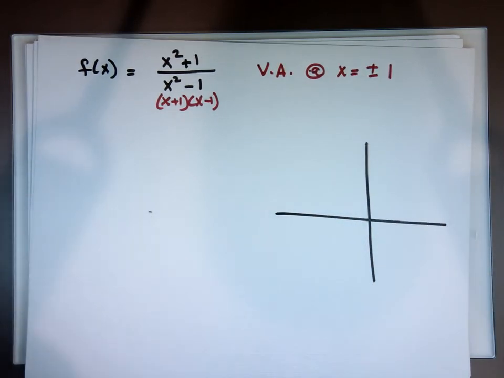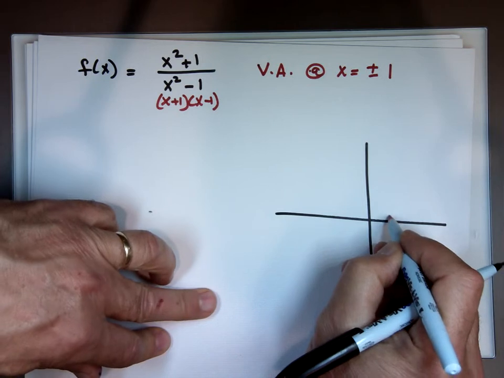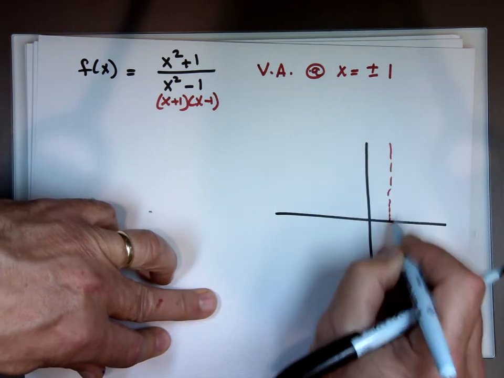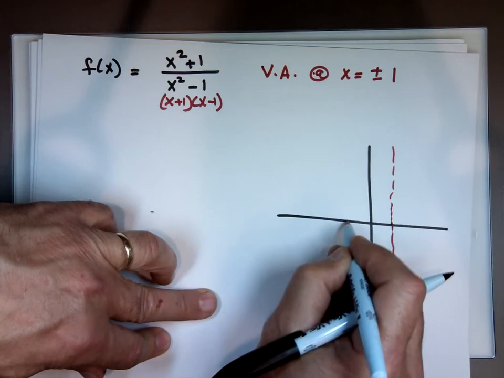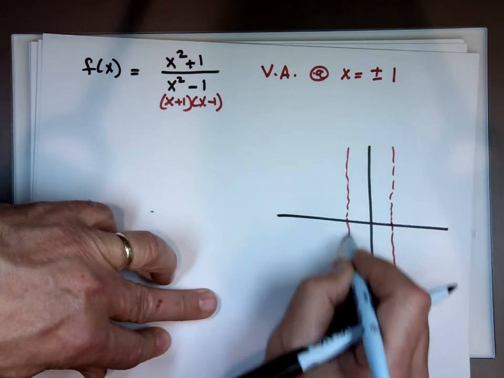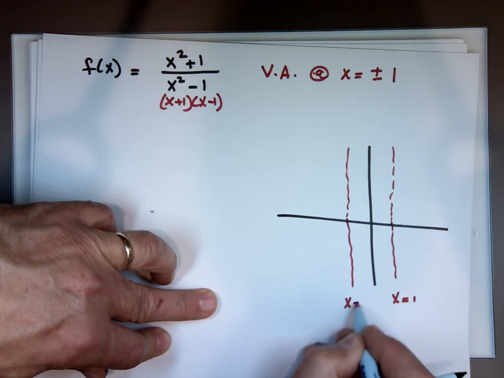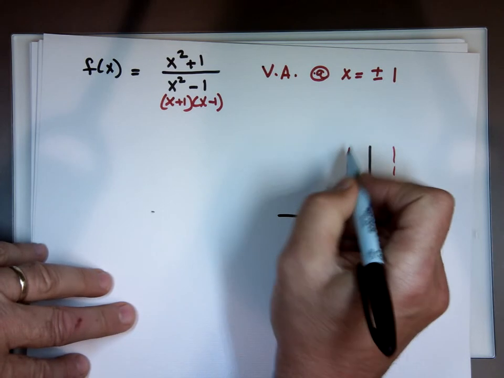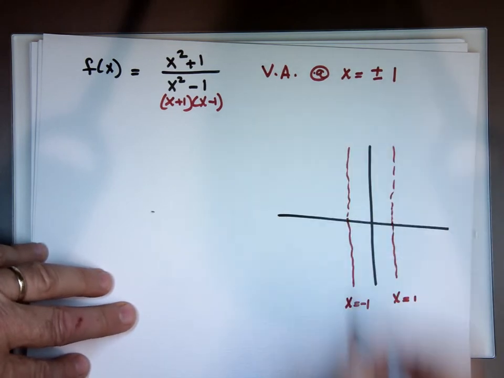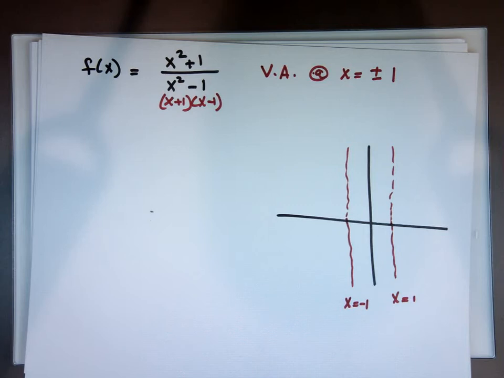So there is the plus 1, and there's the minus 1. Here are my vertical asymptotes. Again, as you approach them, your function is going to blow up. It's going to go either all the way up to infinity or all the way down to negative infinity.